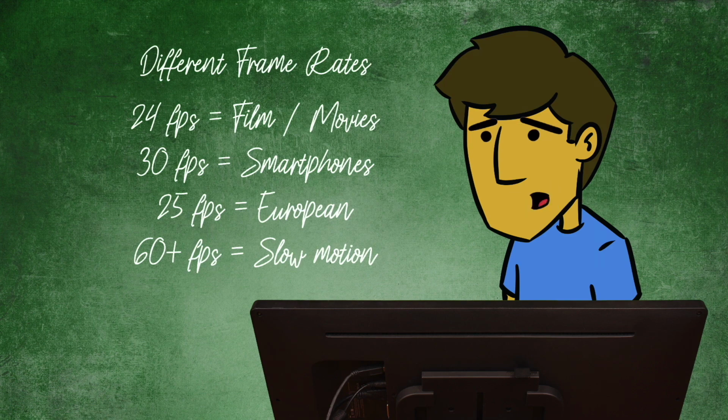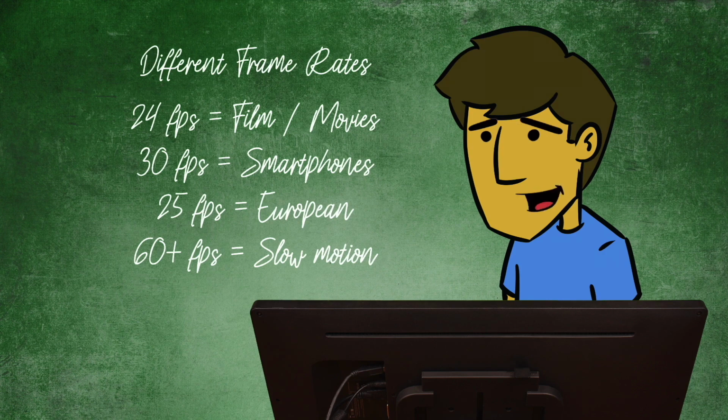Some samples of frame rates are 24 frames per second, which would be used in film and movies, 30 frames per second, which is what your smartphone probably records video at, 25 frames per second, that's the European market, and 60 frames per second and higher, like 120, 240, those are used for slow motion.